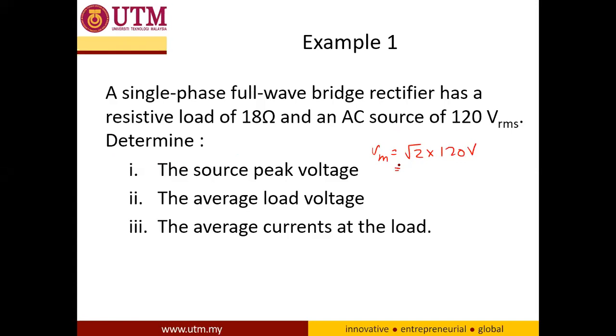So you should have around 169.7 volts, and the average voltage is actually 2 Vm over pi. So this is equal to, just using a calculator, very simple, 108. And the average current is, since this is R load, very simple.